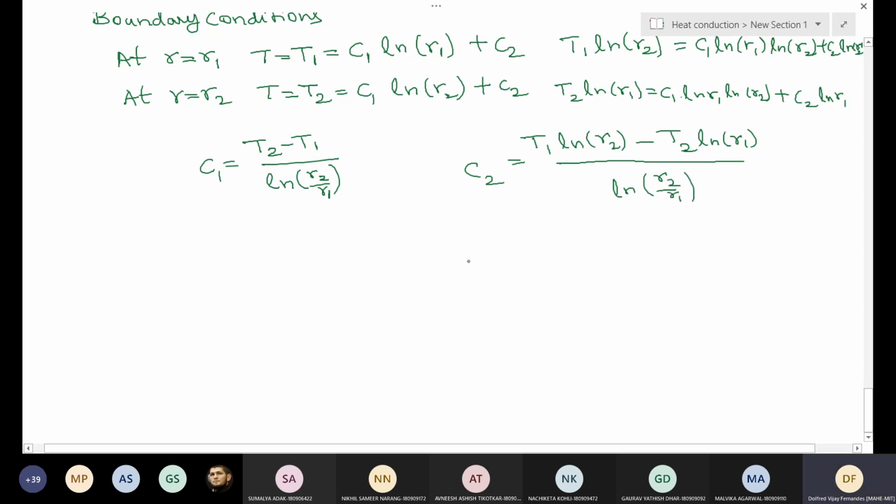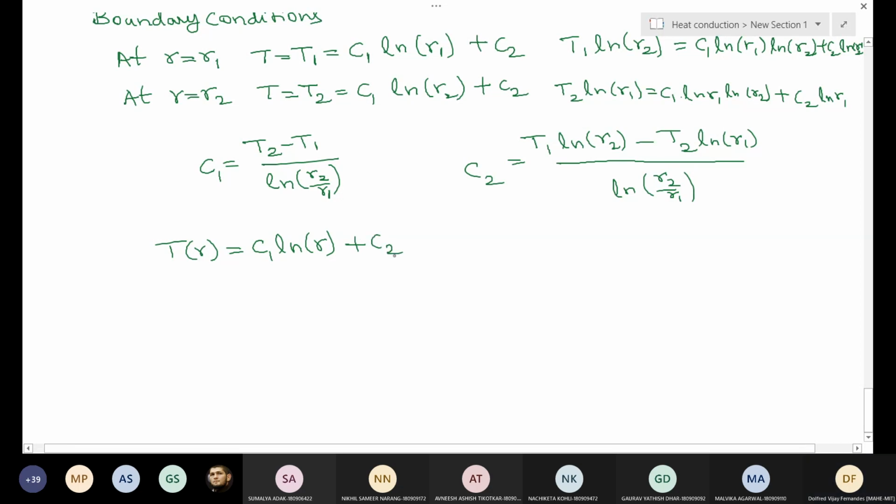The pattern is the same as earlier, where you multiplied by x2 and x1; here you multiply by ln R2 and ln R1. From this you obtain C1 and C2, and you have the temperature profile T of r equal to C1 ln r plus C2.